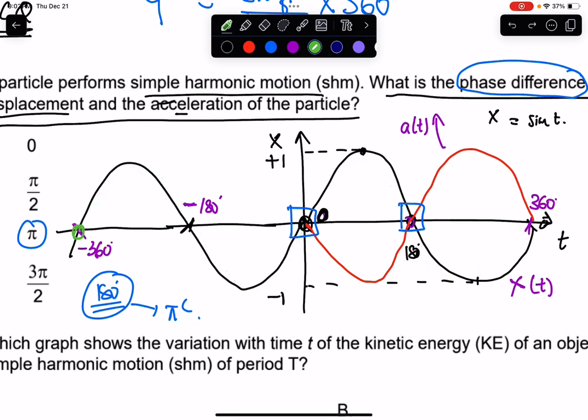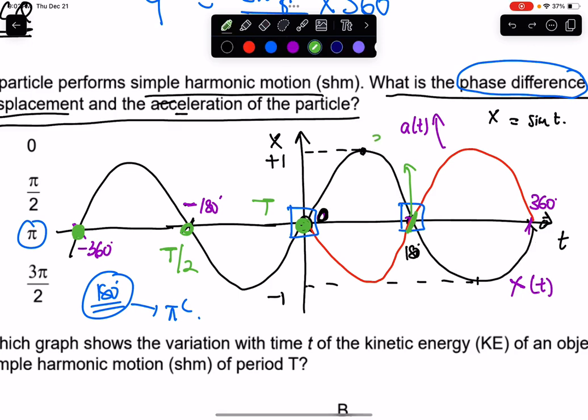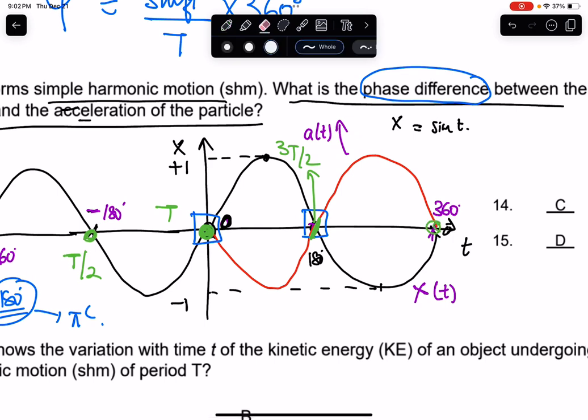Okay? So let's say that if this is the starting point, then this becomes the period T, and then this is T by 2. And then once you go from T, you just add T plus T by 2, and this becomes 3T by 2, and then you add T once again, and this becomes 2T.